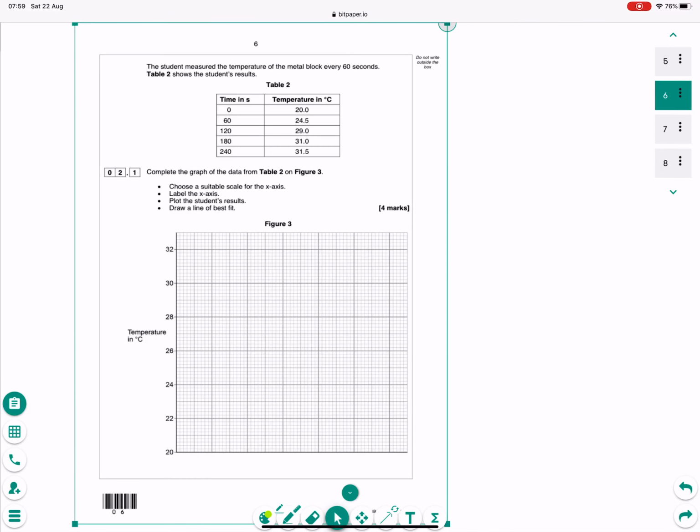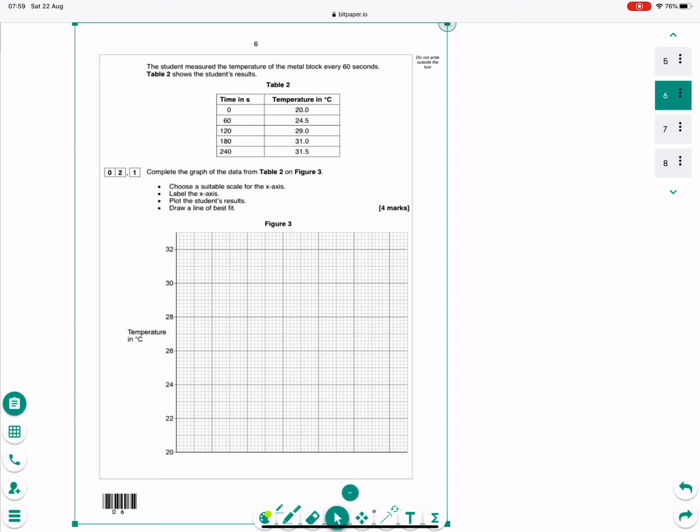The student measured the temperature of the metal block every 60 seconds, and then table 2 shows the student's results. 2.1, complete the graph from the data from table 2 on figure 3, which is the bit of graph paper below.